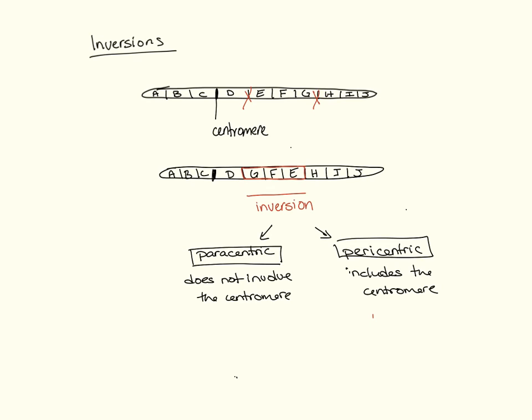So again, the example I showed you up here with this inversion, that's paracentric, meaning next to the centromere, but it doesn't include it. Peri is around, so pericentric would be an inversion that somehow included the centromere.